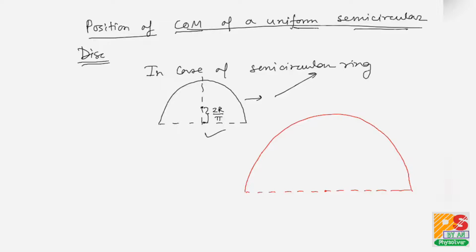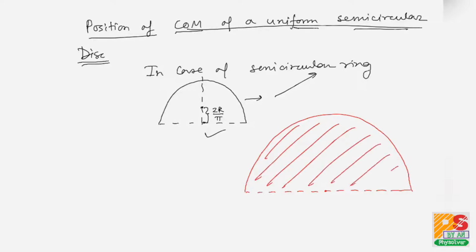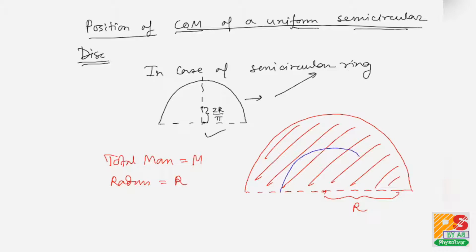Suppose this is the disc. It has a total mass capital M and radius capital R. So this is R. Now I can say that this semicircular disc is composed of many rings like this.